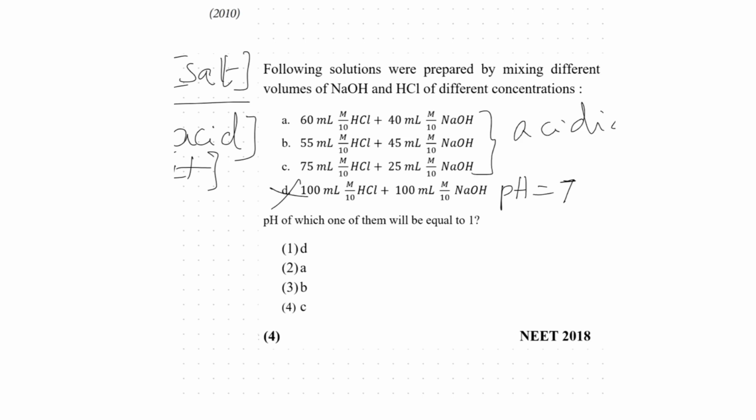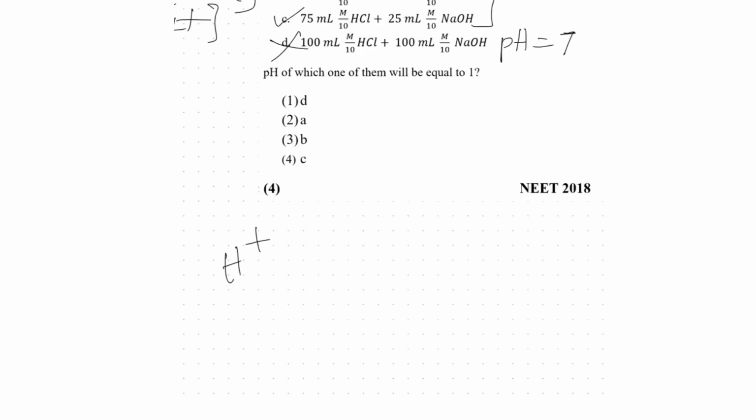So there is no way you can avoid the calculation for all the 3. Okay, on doing the calculation, you will see that for option C, you will get the answer pH equal to 1. Okay, so here how you have to do the calculation? Here in all these cases, HCl is in excess. So when you write the formula, you write it as H plus concentration is equal to M1V1 minus M2V2 divided by V1 plus V2.